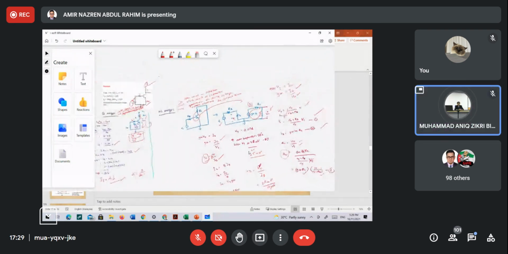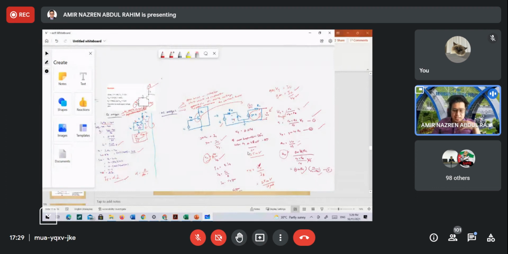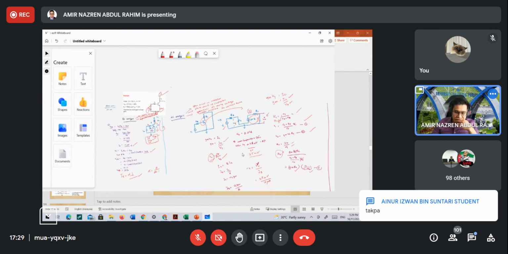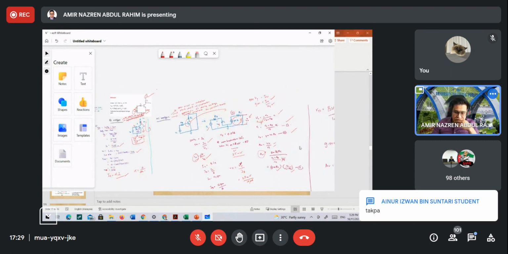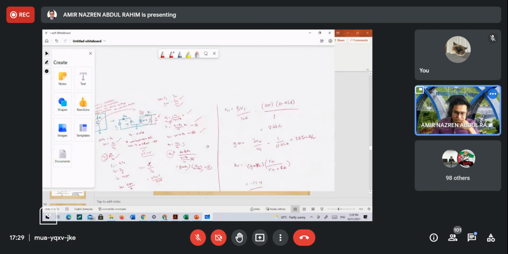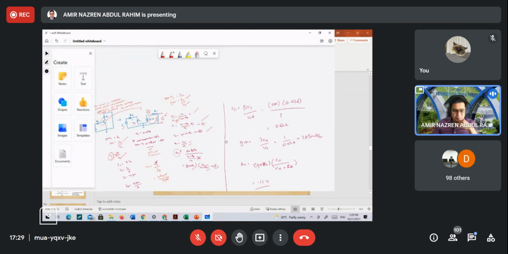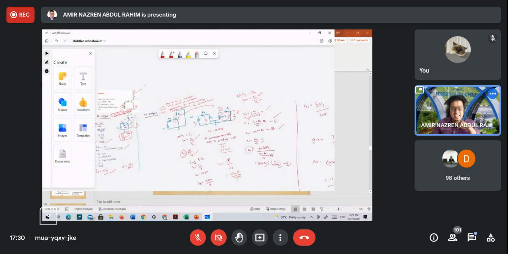Okay baik sir. Tak apa tulisan tak cantik ni. Saya conteng-conteng. Tulisan saya tak cantik. Apa sir? Tak apa sir. Oh, okey. Pujuklah tu.